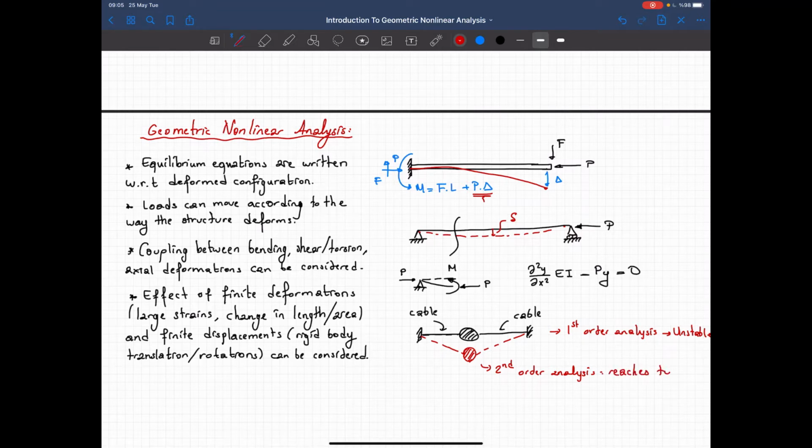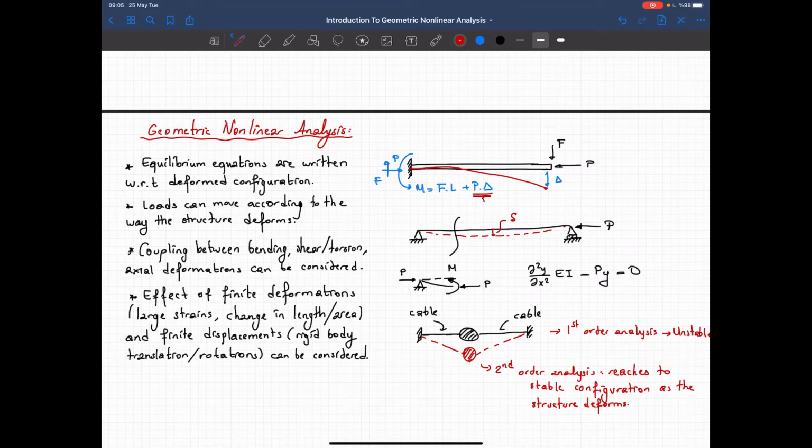Reaches a stable configuration as the structure deforms. So these are some terminology in the geometric nonlinear analysis. Basically, we are writing everything in the deformed configuration, all our equations.